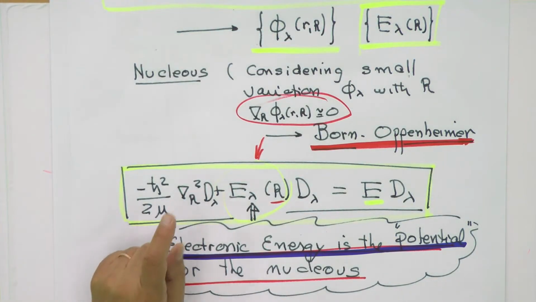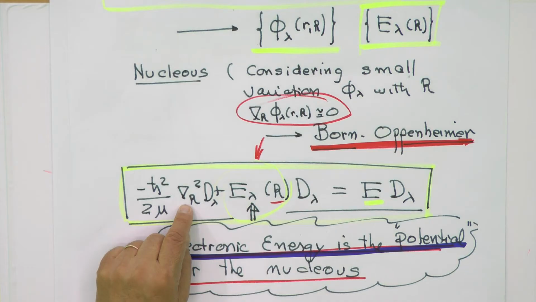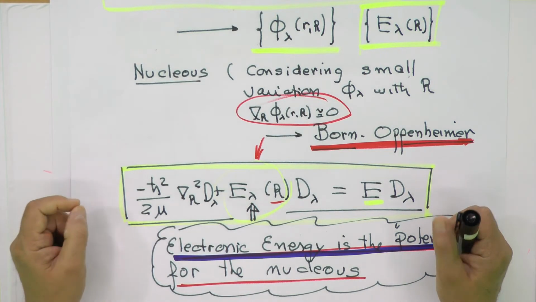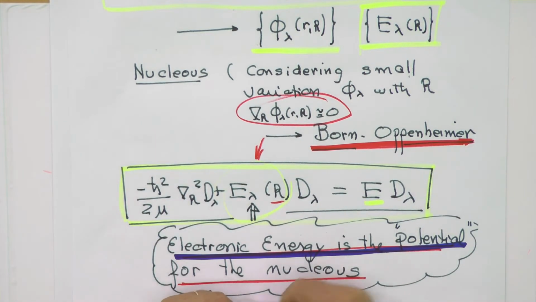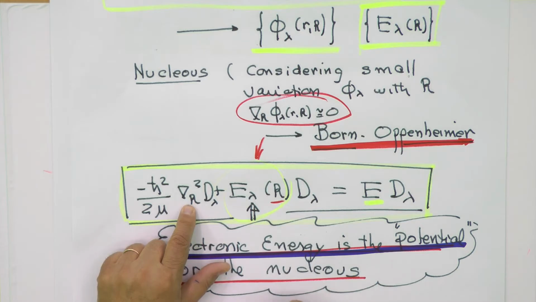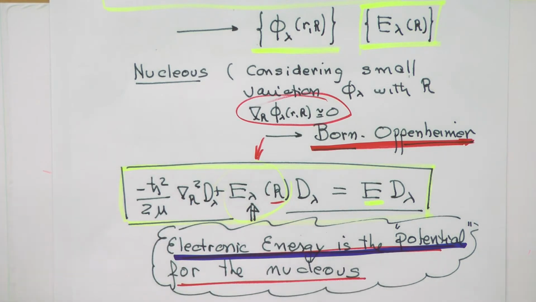When we solve this equation, this Laplacian on the coordinate of the nucleus that we separate into the nucleus coordinate and the electron coordinate, it has angular dependence, right? A Laplacian in space has dependence on theta and phi, all the angular coordinates.